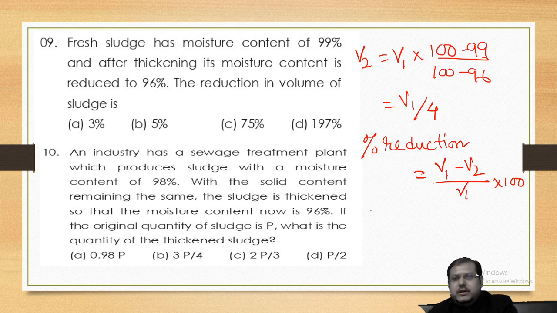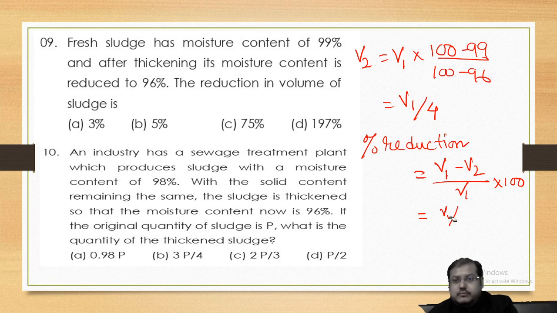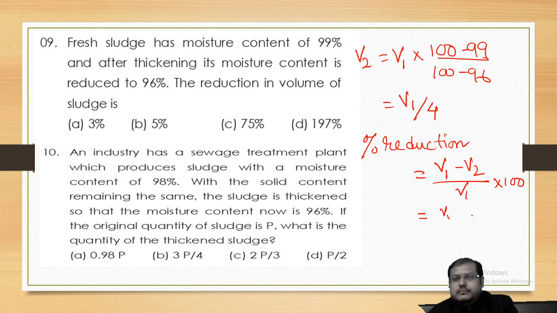Internal formula is equals to (V1 minus V1 by 4) by V1 into 100. It's actually 75%. So option C will be the correct answer.